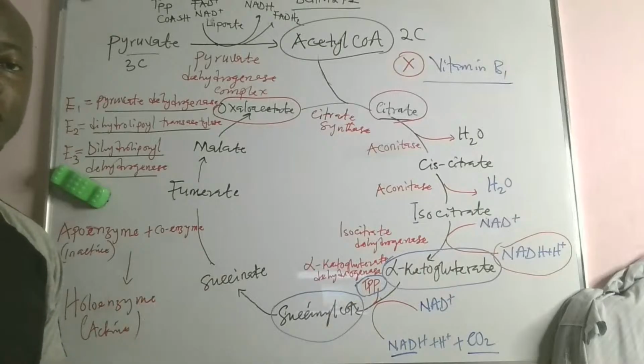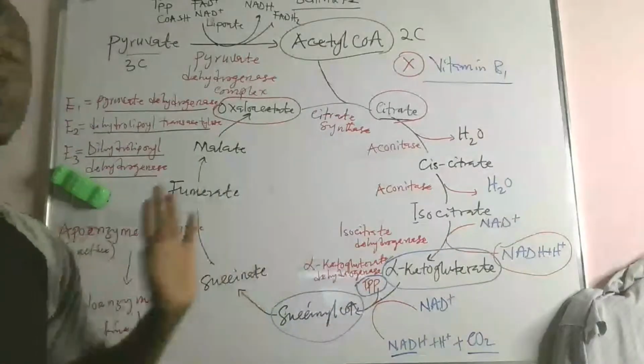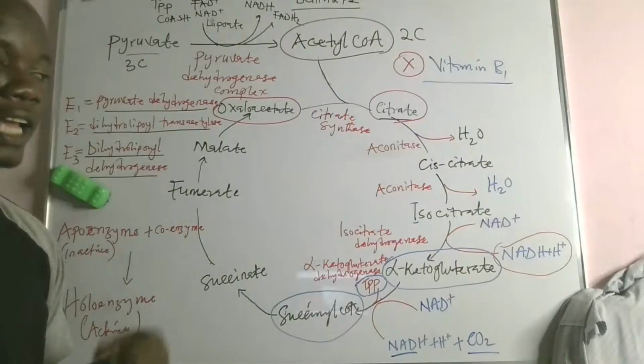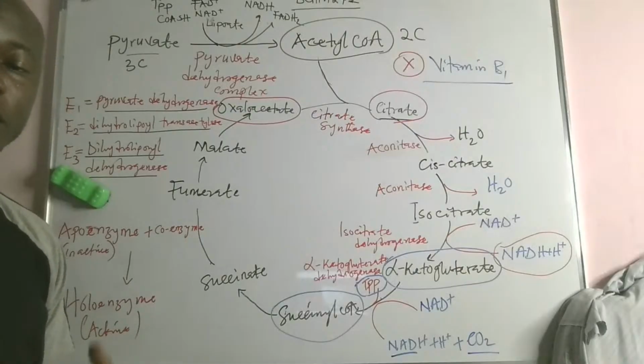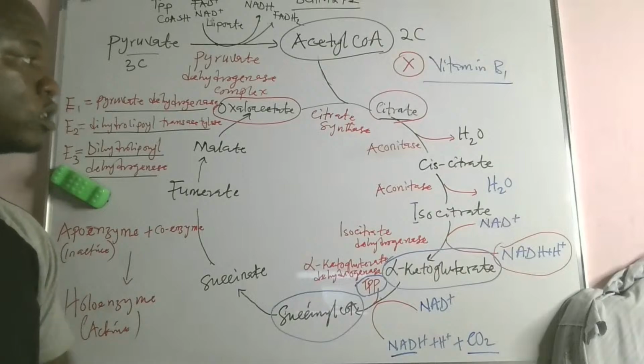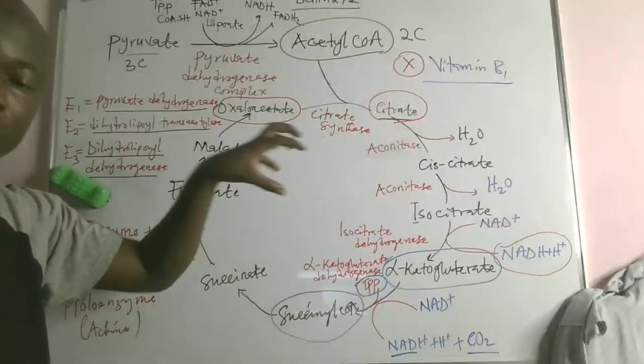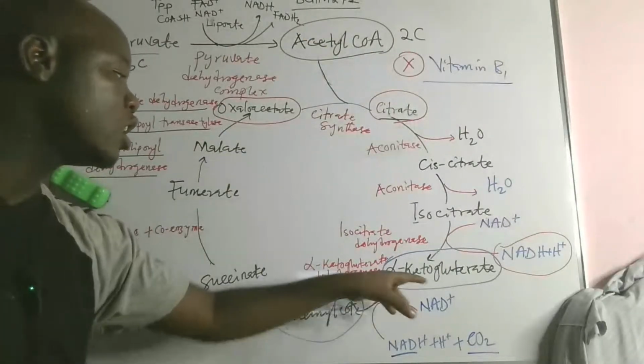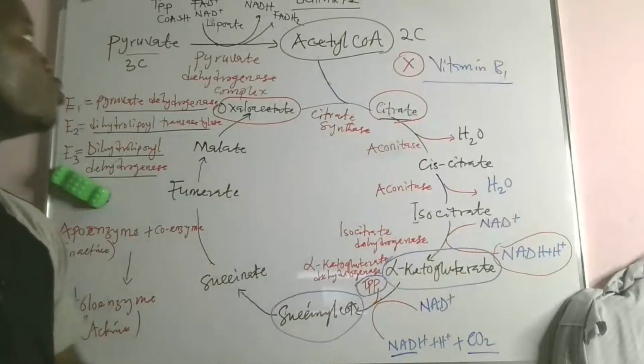That is the implication of deficiency of TPP. And there is one question that they usually ask: the relationship between beriberi and carbohydrate metabolism. This is the carbohydrate metabolism they are talking about, specifically the conversion of alpha ketoglutarate to succinyl-CoA.